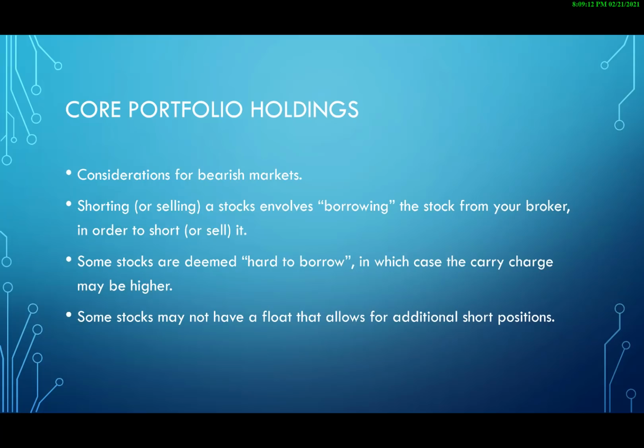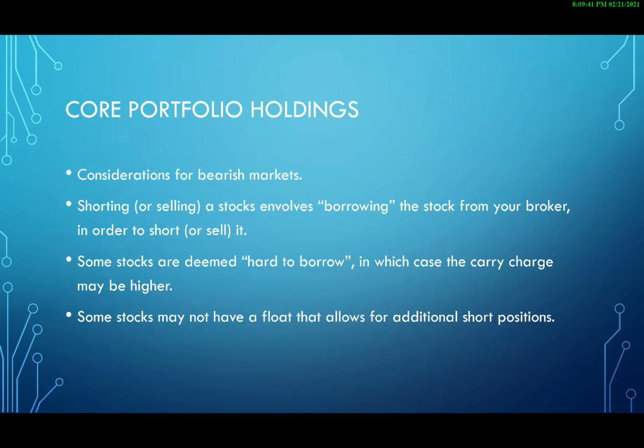So depending on the brokerage account that you use, I use Tastyworks, you can look inside of the account and you can see right there when you click on shorting a stock. Sometimes it will say up in the upper right hand corner, hard to borrow. It just means that that stock is a little more difficult for your broker to get, to be able to lend to you so that you can short it. And in this case, there is a carry charge that might be a little bit higher than normal.